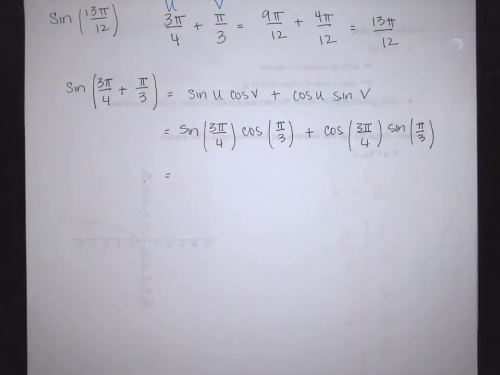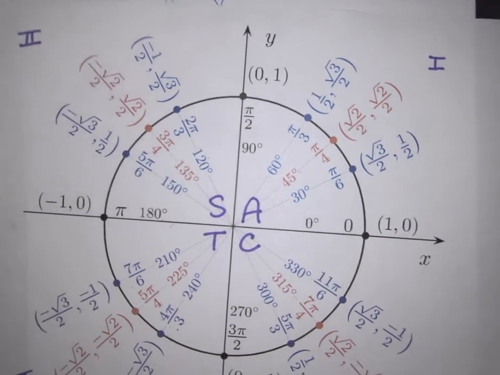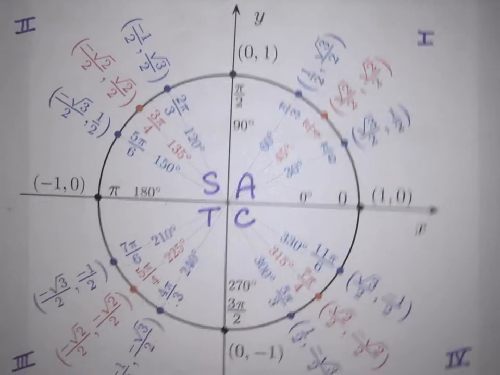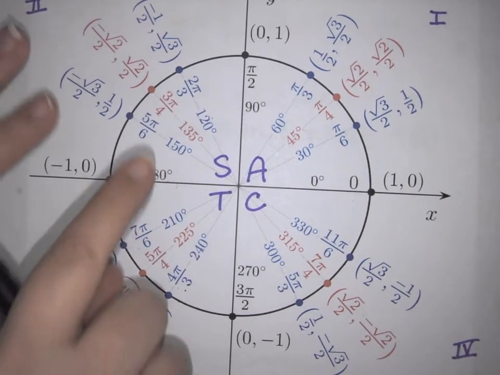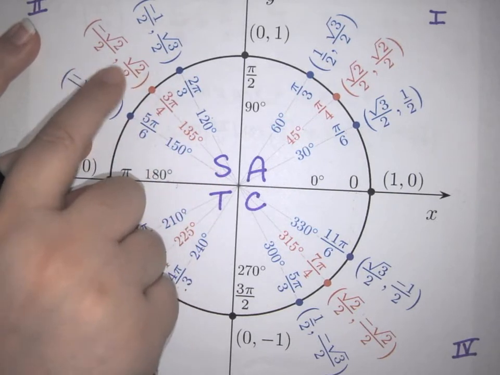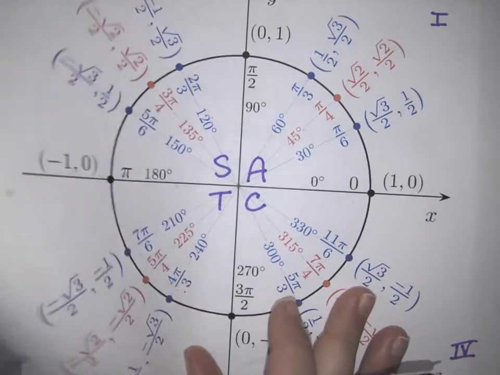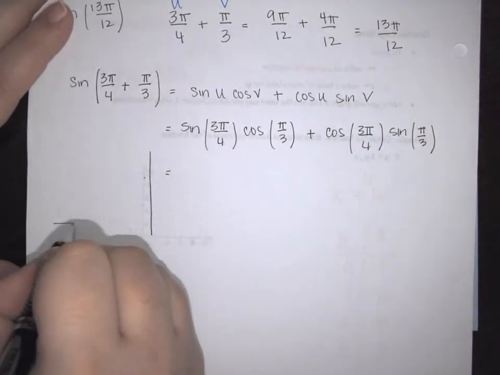So just like before, we can use the idea of our reference angles. I want 3 pi over 4, so I'm going to come over here to my unit circle and I'm looking for my 3 pi over 4, which is right here. It's in my second quadrant and it has these xy values. So here I could go ahead and draw out my reference.